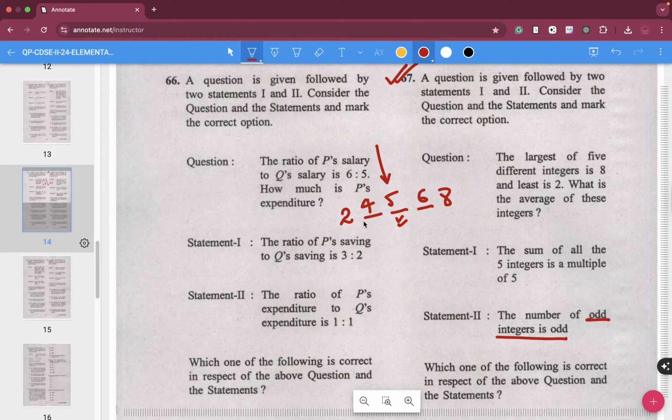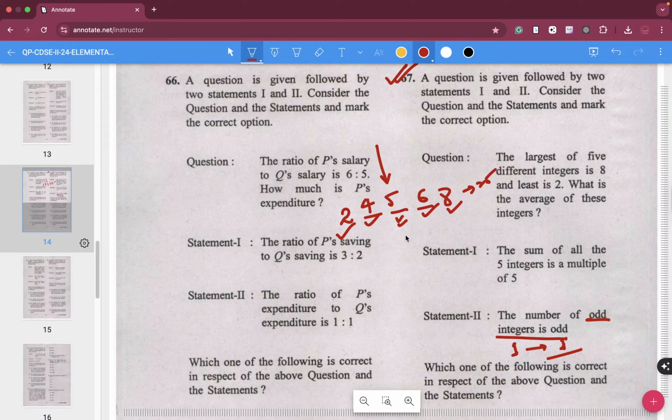The number of odd integers is odd, so 1 is the odd integer. The sum of all the 5 integers is a multiple of 5. 8 plus 2 is 10, 10 plus 10 is 20, plus 5 is 25. That is correct.